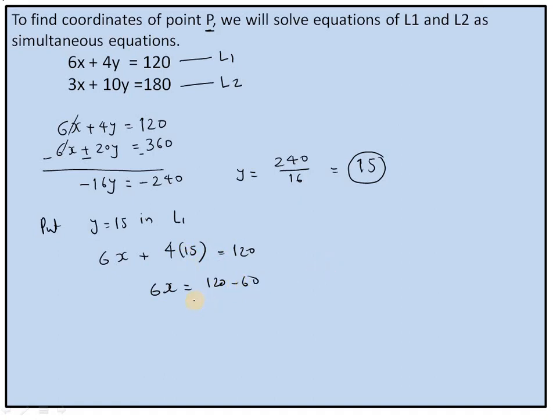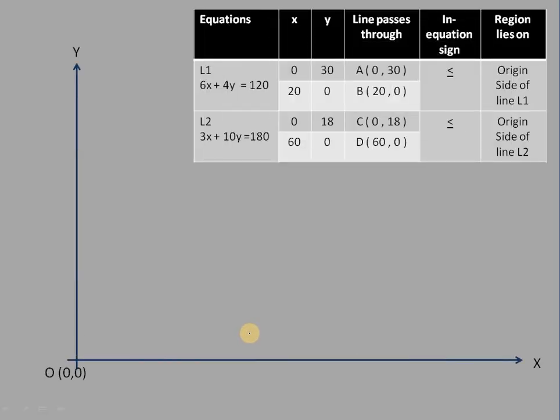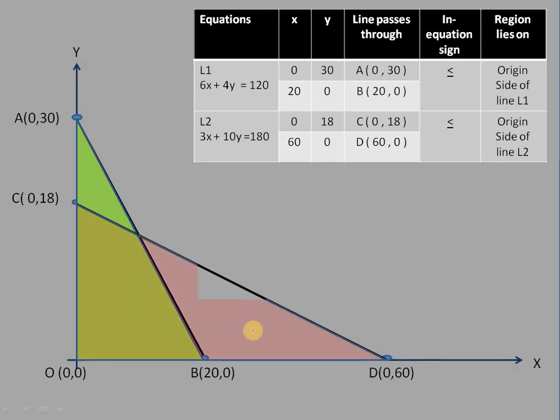So 6x is 60, and x I get as 10. So what are the coordinates of P? The coordinates of P are 10, 15. Understood, children?